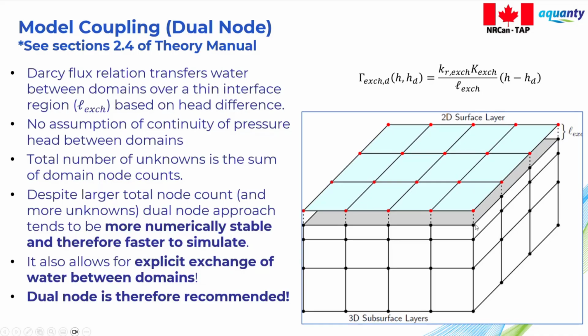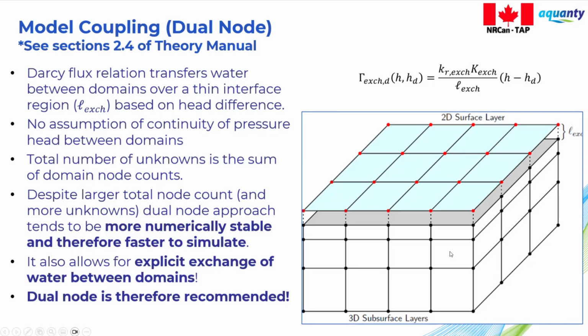Given that there are two nodes, even though they are spatially superimposed on the exact same location, you can carry two hydraulic head values. This means that you have a higher number of unknowns in the overall matrix of equations, and yet the entire system is more numerically stable and therefore generally faster to simulate.